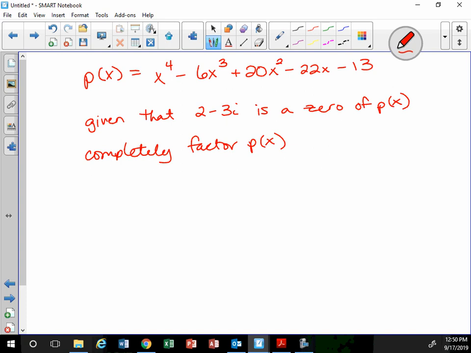Synthetic division. Can we synthetically divide with imaginary numbers? You can. I know, it's mind-boggling. Okay, so that's one option, is to do synthetic division. Another option is, if I know 2 minus 3i is a 0, what's another 0? 2 plus 3i. So if you do synthetic division, you'd have to do it twice with both of those. But if I know those two zeros, could I multiply factors together and then do long division based on that? That's another option.